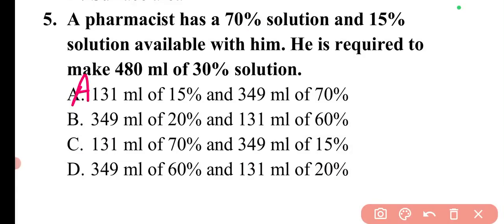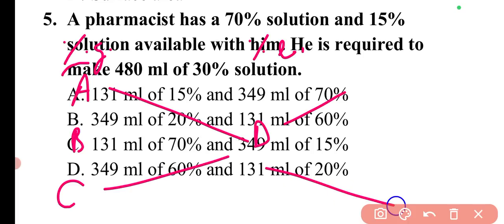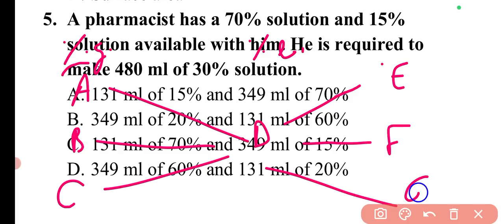Here will be A required, B required, and C required, with percentage given, and the percentage required D in the center. We simply cross-subtract the values and we will get the other parts, like E, F, G.